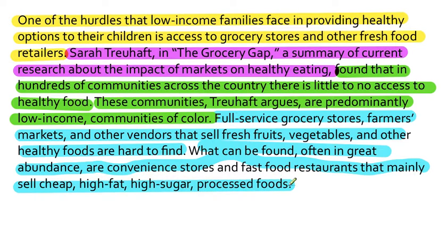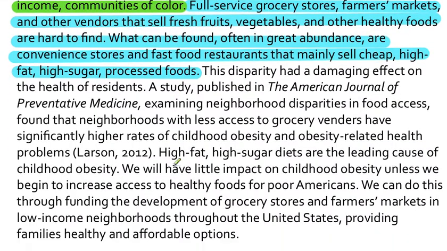Okay, so I'm just starting by proving to you that there's less access in these neighborhoods. What there's more access of, right, are those vendors that are going to sell high-fat, high-sugar foods. Okay, so now I need to prove, right, that this leads to childhood obesity, or I'm not supporting my larger central claim. So let's look at the second part of this paragraph.